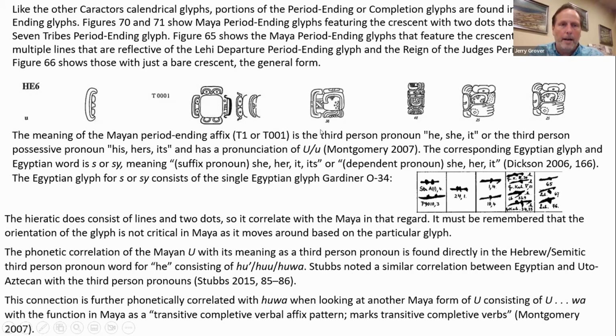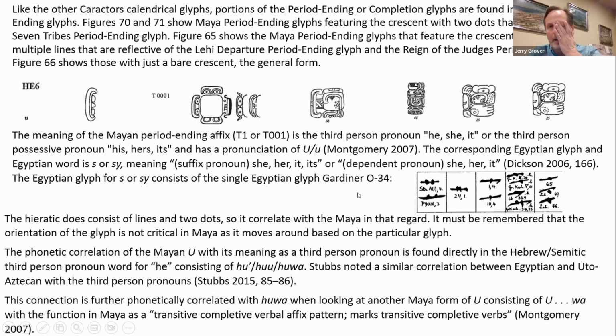And in the Maya, this period ending has the date function as a period ending, but it also has another meaning as he, she, or it, hers, and has this pronunciation of U. The corresponding Egyptian glyph, interestingly, has been changed a little bit. It's curved in the lines and the dots, but that also means she, her, it in the Egyptian.